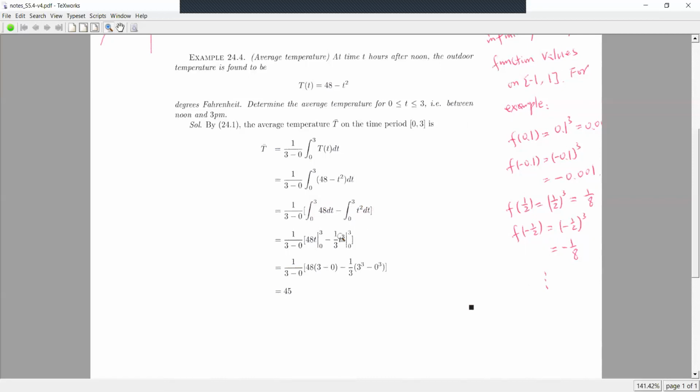Anti-derivative for t squared is 1/3 t to the third. This step is the fundamental theorem. Now, plug in the number 3 for t, plug in 0 for t, then we get this equation. Calculator, then we get 35. So between noon and 3 p.m., the outdoor temperature average is 45 degrees.